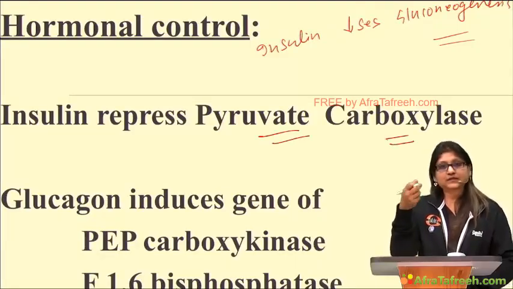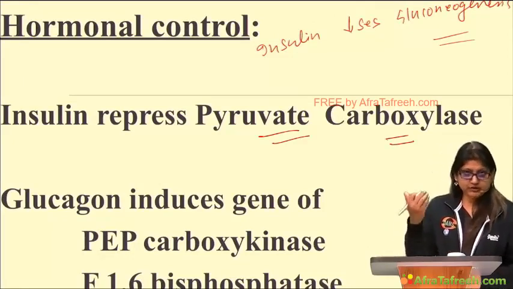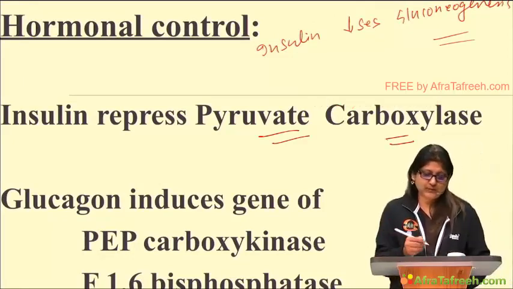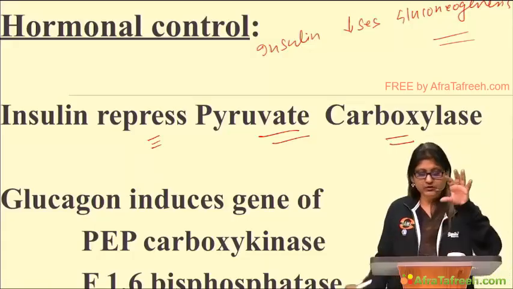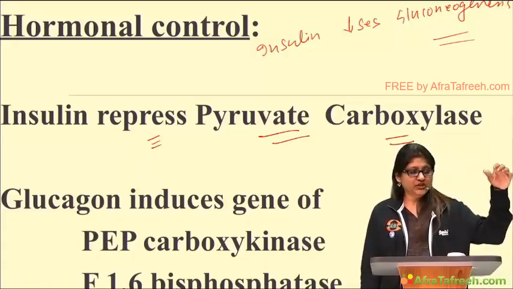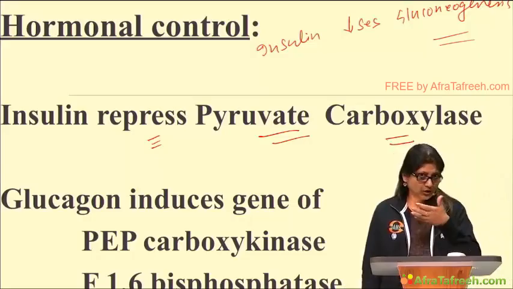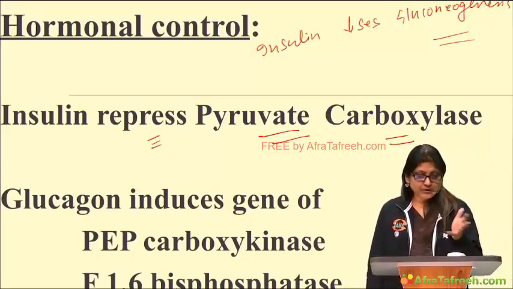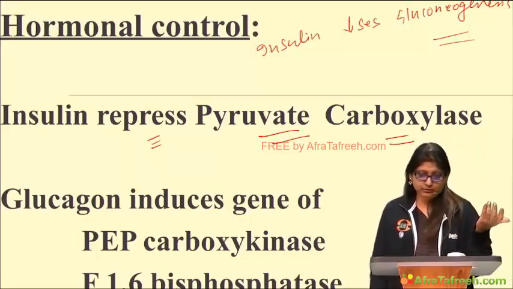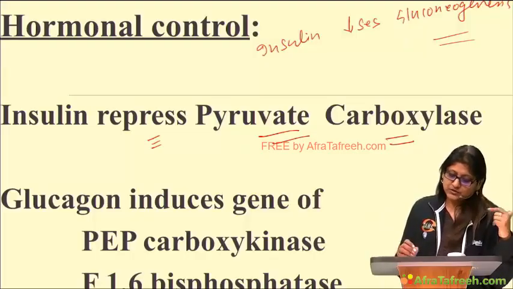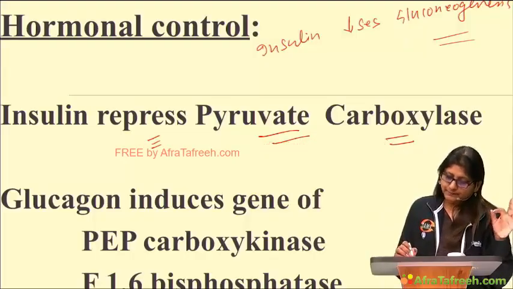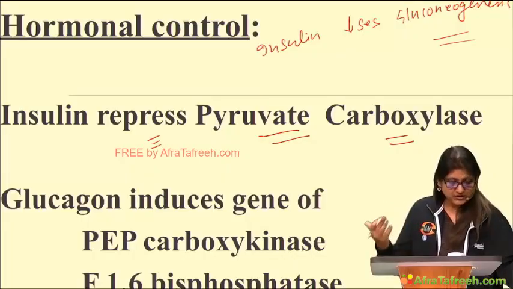Pyruvate carboxylase is a protein which comes from a gene, and that gene is repressed by insulin. So whenever insulin is there, it's going to repress the gene. Pyruvate carboxylase enzyme is not produced at all. When not produced, that's not going to lead to gluconeogenesis, right? So insulin is going to suppress gluconeogenesis in this fashion.